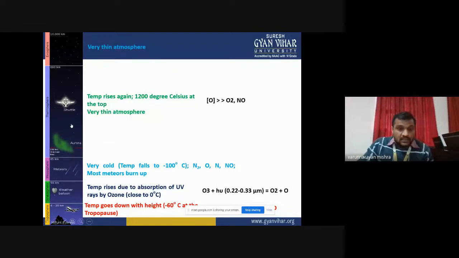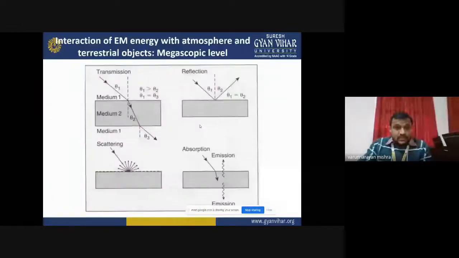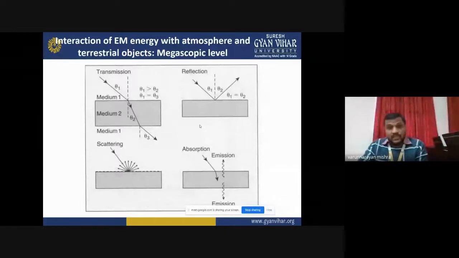So at different layers of the atmosphere, we may have different types of gases and particles, and depending on the radiation coming from the sun, there may be different absorption processes in the upper atmosphere.